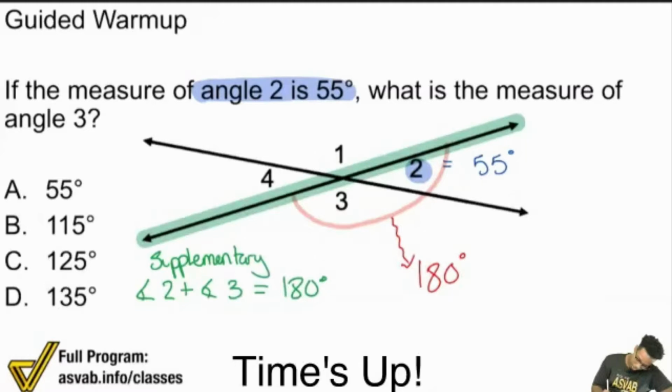Right there. They are supplementary. So everybody, is it fair to say, lastly here, that if we know that they're supplementary, meaning it adds up to 180, if I want to know what angle 3 is, I should take away angle 2. Does that look like it makes sense? If I take out angle 2, I can get angle 3.